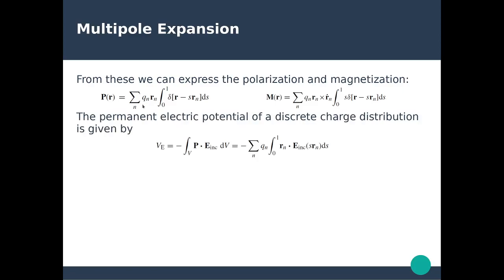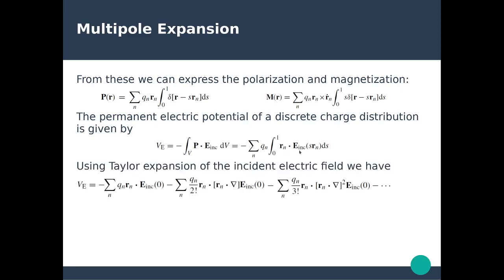The interaction potential for a discrete charge distribution is expressed as the integral over the volume of the polarization times the incident electric field. If you substitute the macroscopic polarization by its expression as a function of this discrete set of charges, then you can express the electric potential as a function of the individual charges with their relative discrete positions and the incident electric field. So you can use the Taylor expansion.